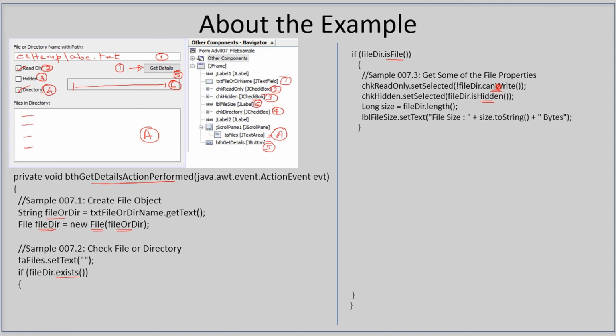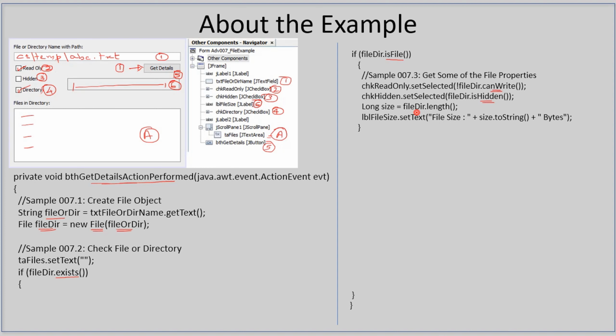So if a file is writable, then we say not here, right? That means when the file is read only, here it will return false and negation of that is true, and setSelected we are setting it to true. That means you will be seeing a check mark here. So if it is read only. Similarly, isHidden. If a file is hidden, then we will be placing a check mark here.